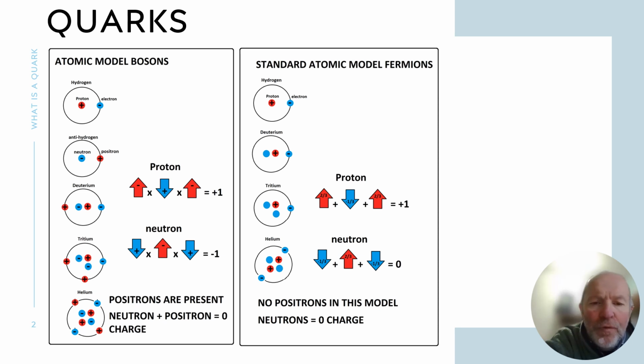And I have an overall neutral charge for the atom as the number of positrons equals the number of electrons, and the number of neutrons equals the number of protons. So that's what I call a baryonic symmetry atomic theory.